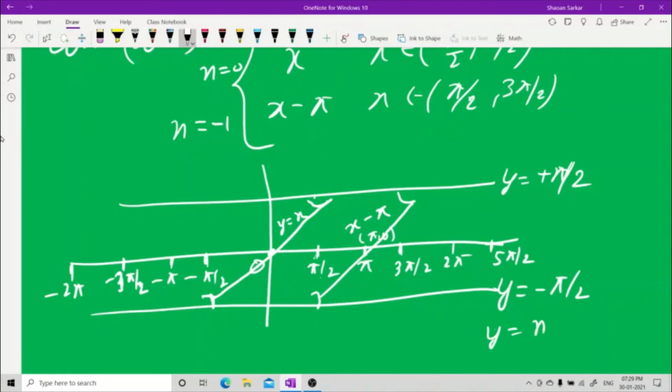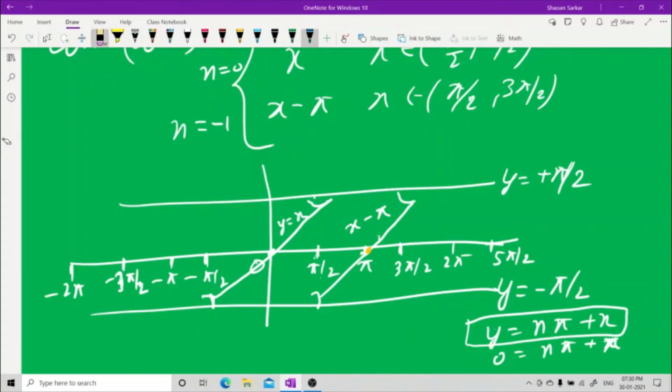Now this way also you can do this. y equal to n pi plus x. Now at pi, it is 0. Put here, it is n pi plus pi. At this point, the coordinate is pi comma 0.